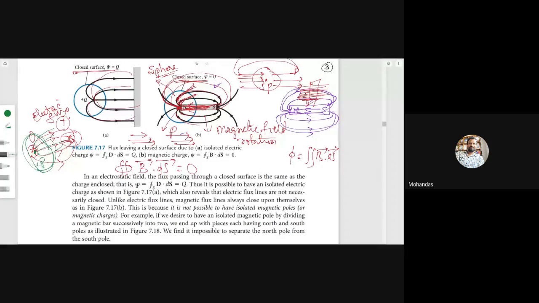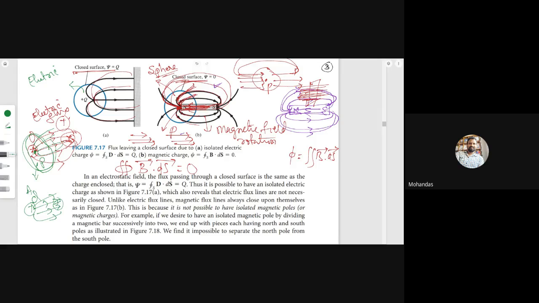That's the reason all the net electric flux leaving through that surface is equal to the charge enclosed by it. We already discussed this plus q charge in electrostatic fields using Gauss's law. What is Gauss's law? It says that the net electric flux leaving any closed surface is equal to the charge enclosed by that surface, because electric flux lines start from positive charge and end at negative charge.